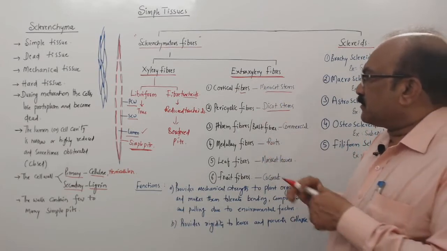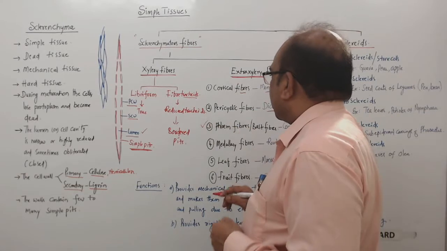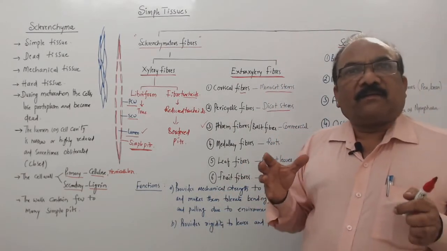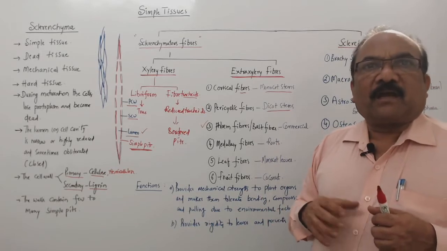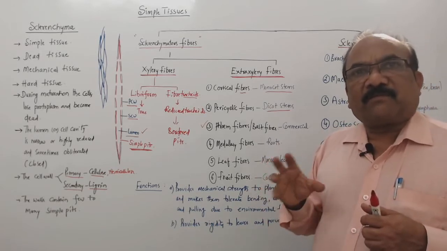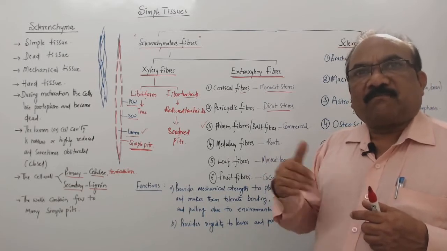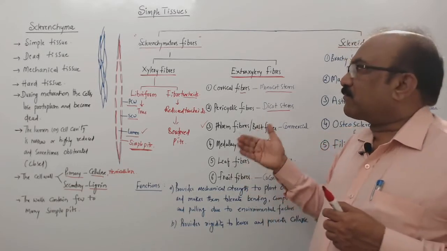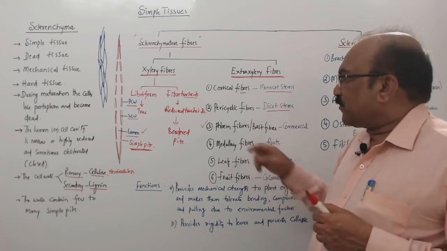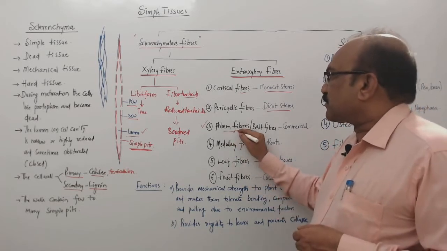And now this is a very important one. That is the phloem, which is a living food conducting tissue, and it is a complex tissue because it is made up of different types of cells, and one among them are fibers. And as they are associated with the phloem, we call them as what? Phloem fibers.